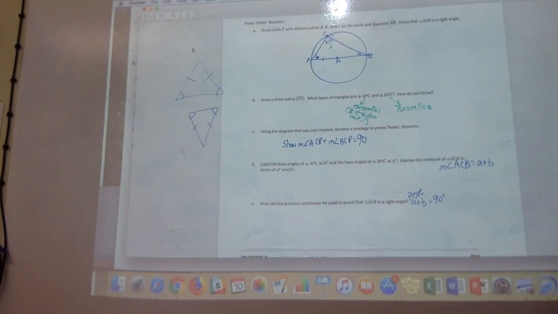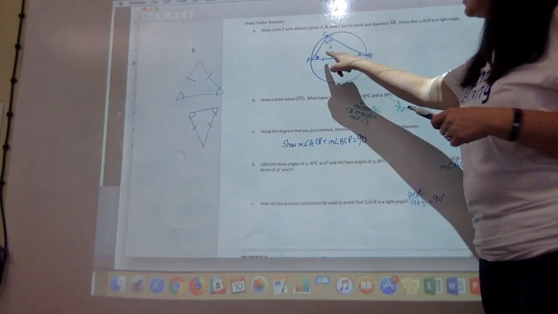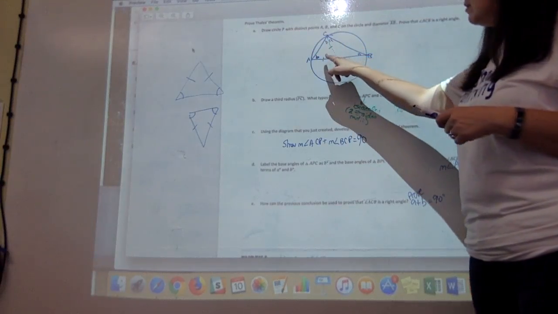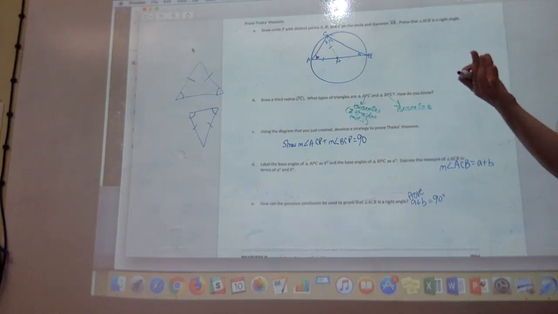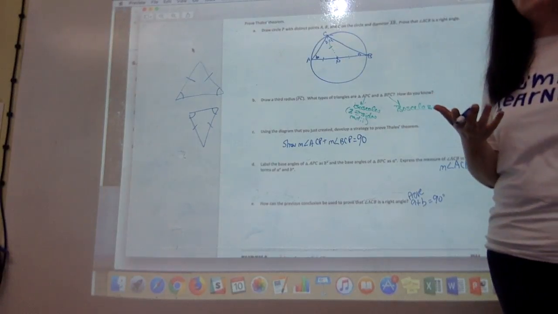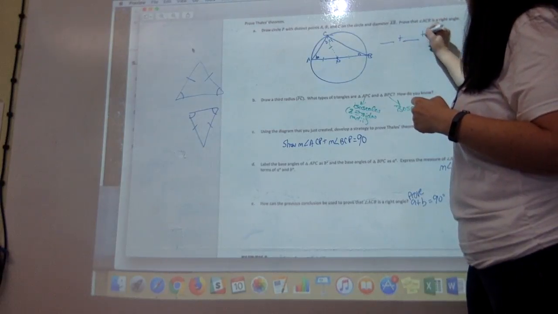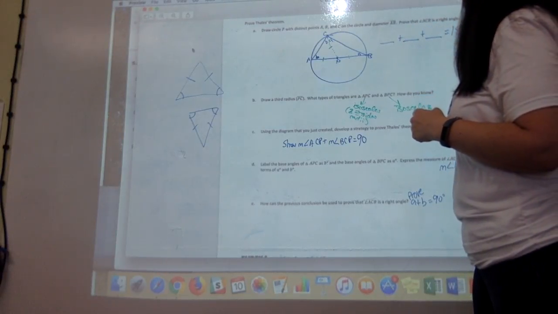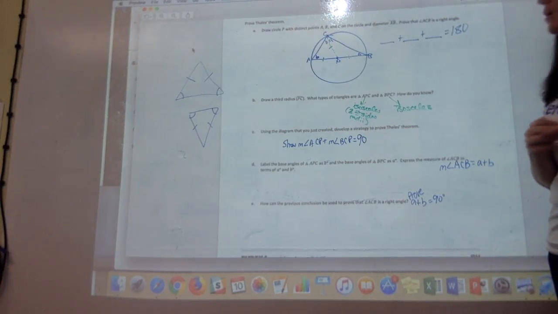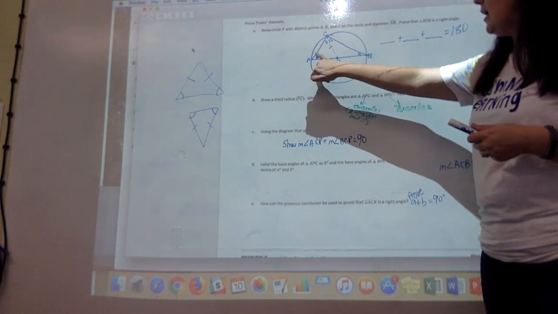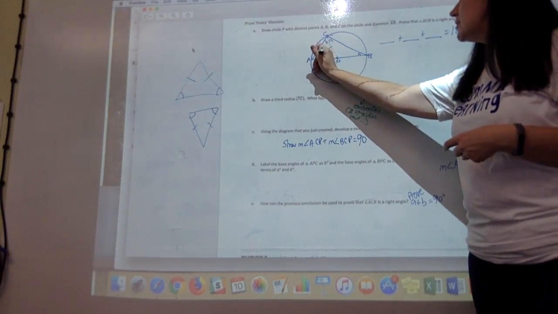What do I know about all four of these angles together? One big triangle. What do all the angles in a triangle add up to? 180, right? The first angle plus the second angle plus the third angle has to add up to 180 degrees, right? So angle A, we said it has a measure of B degrees, correct?